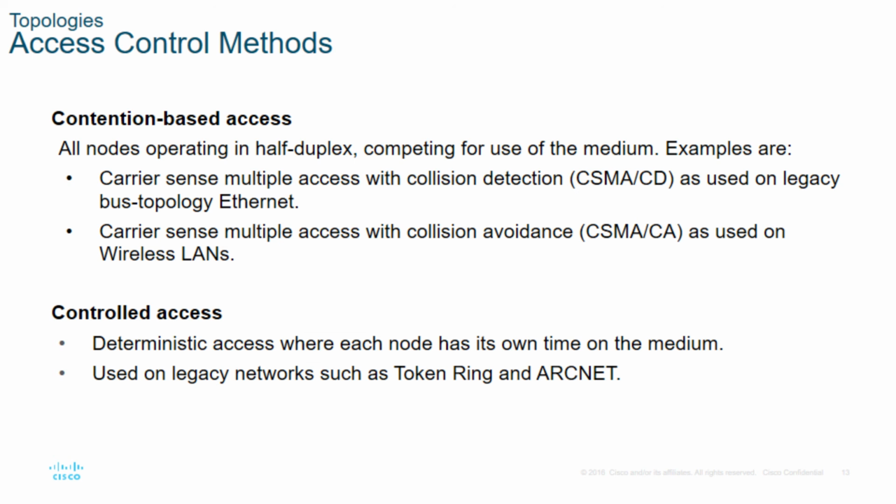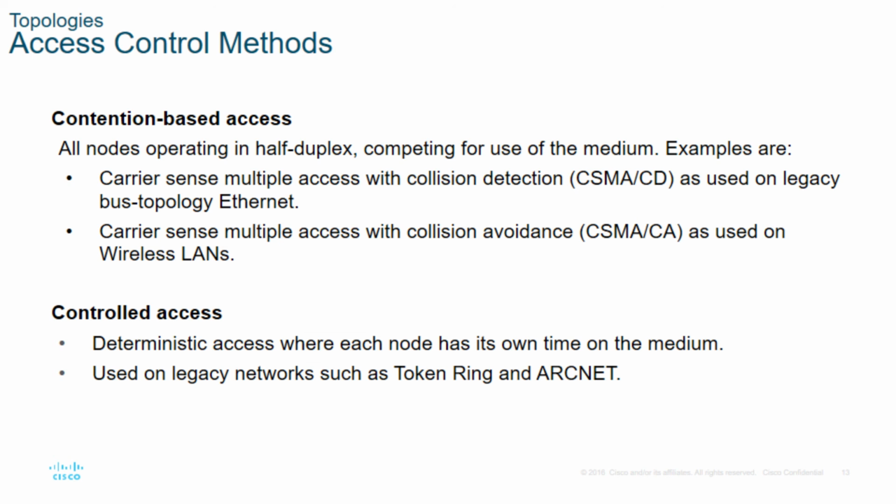In connection based multi-access networks, all nodes are operating in half duplex, competing for the use of the medium. However, only one device can send at a time. Therefore, there is a process for when more than one device transmits at the same time. Examples of connection based access methods include CSMA/CD and CSMA/CA and some other technologies.